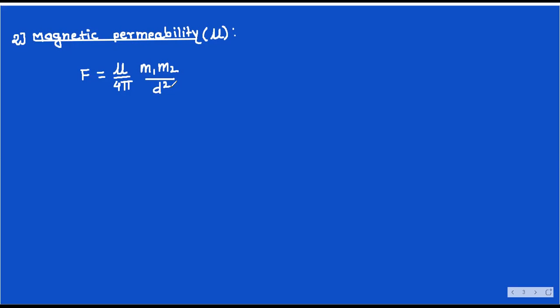What is that? The formula of magnetic force between two poles of a magnet. M1 and M2 are what? Pole strength. Right?